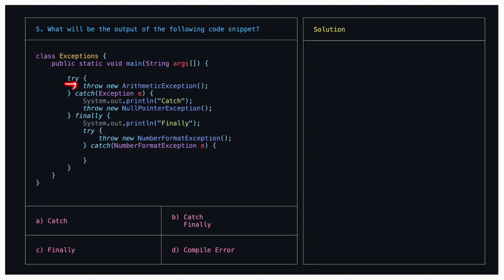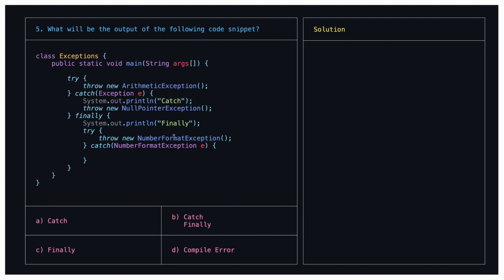Okay, so we have a try block which is throwing an arithmetic exception. We have a catch block. All right, it is similar to the previous code, the second version we discussed, where I wrote the code, but it is very similar to that.